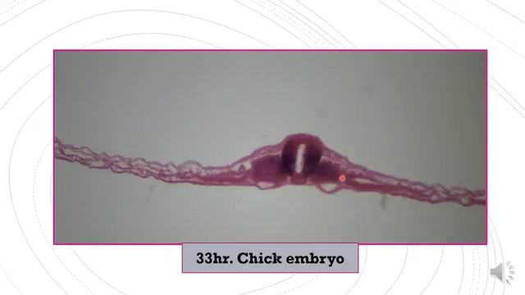In these sections the paraxial mesoderm is more compact and more differentiated, forming the somite. The somite contains a central cavity. This cavity is called the somatocele.